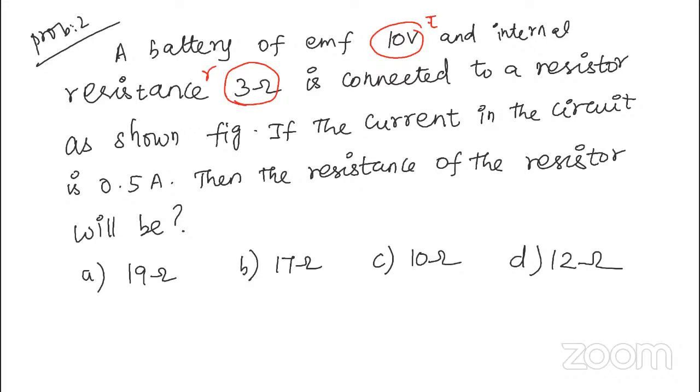Then they have given the current value, that is I. The resistance of the resistor, capital R, we have to find out. We already know the formula, right? It is I is equal to E divided by R plus r. So we substitute the given values in the formula and find the correct answer. Let us try it now.